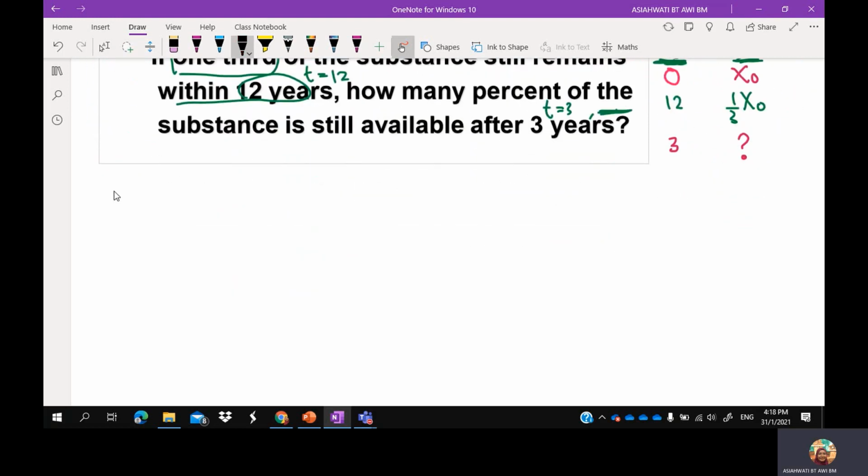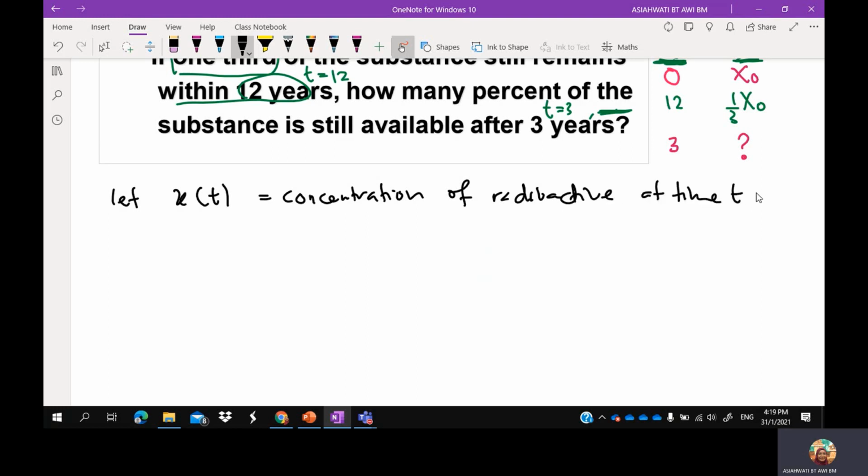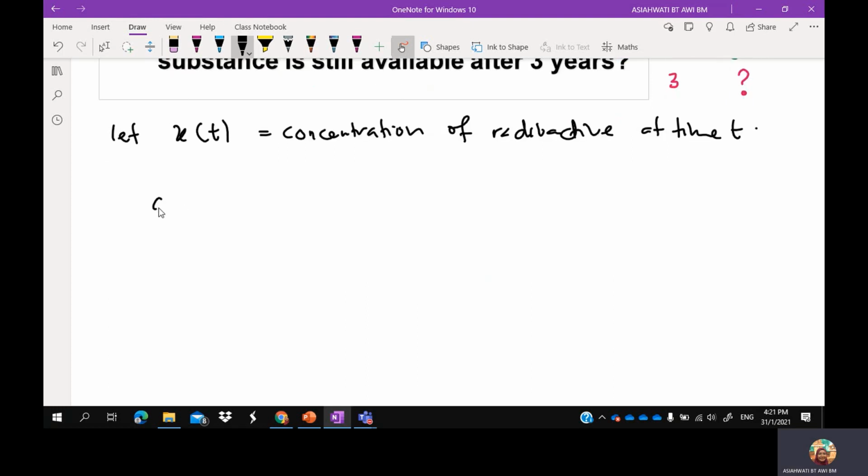Let x(t) be the concentration of radioactive substance at time t, given that the equation is dx over dt is equal to negative kx.